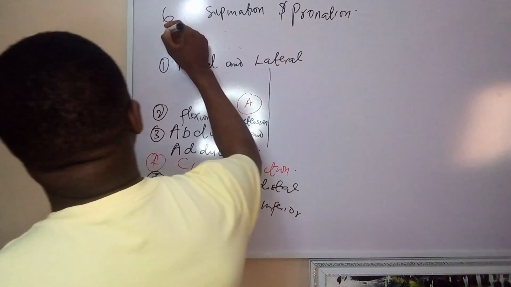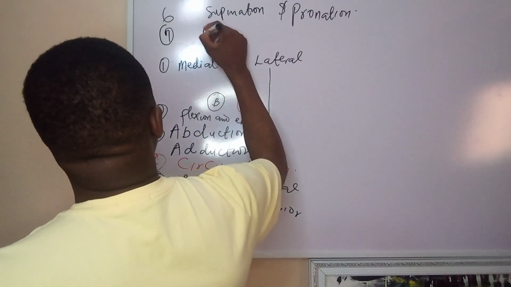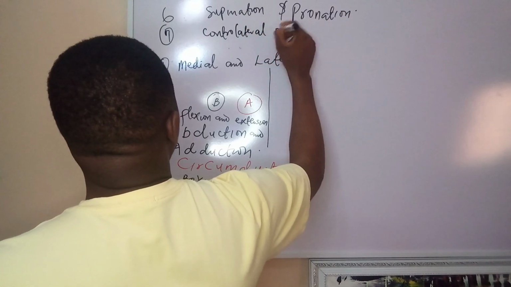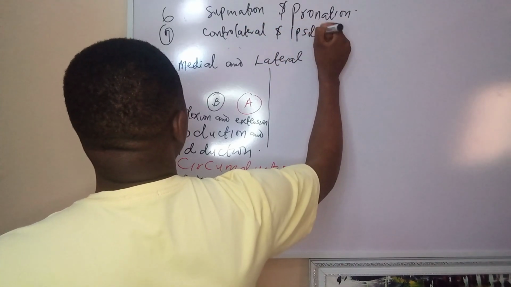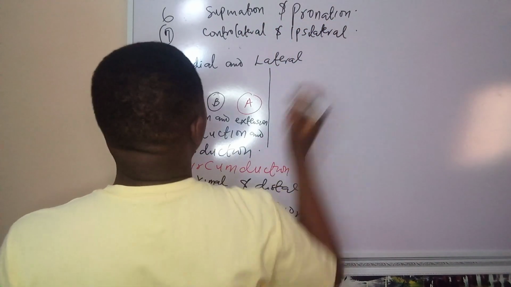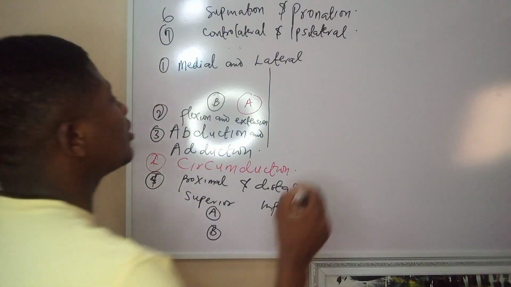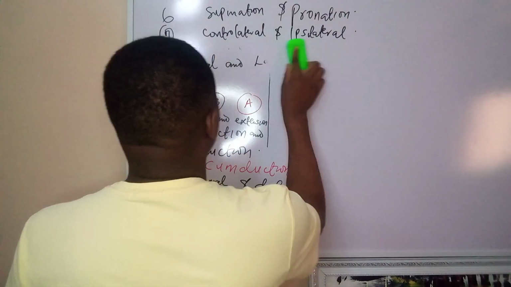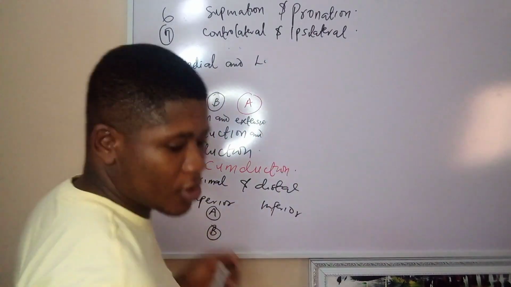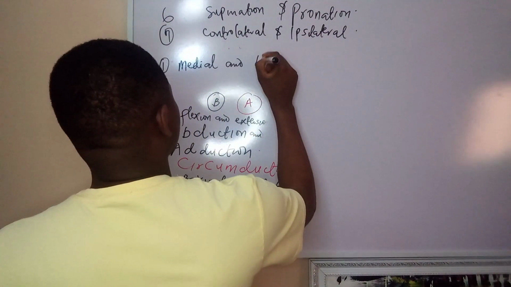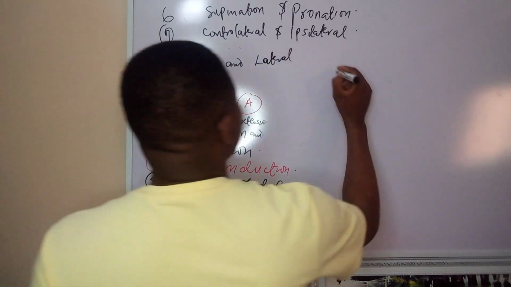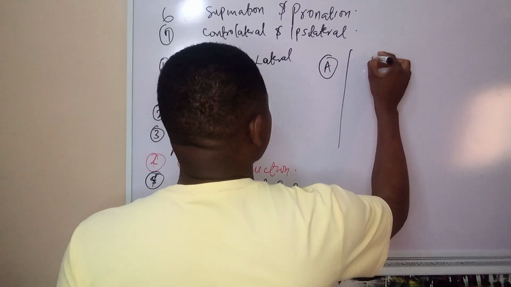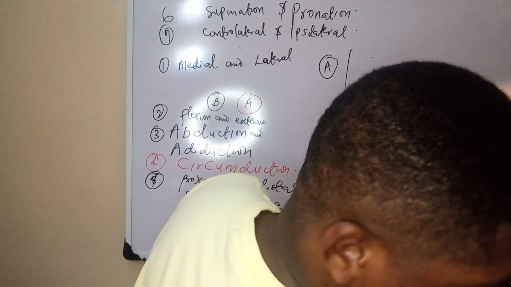Then the last but not the least is number 7, contralateral and ipsilateral. Contralateral is when two things are on opposite sides of the midline.